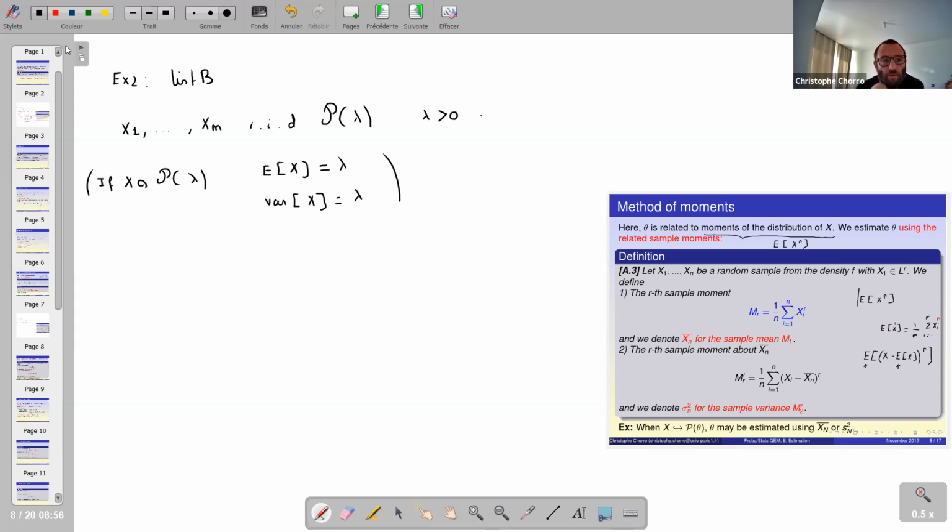And so we have two natural estimators for lambda. What are they? I can approximate lambda, considered as an expectation, by the sample mean.